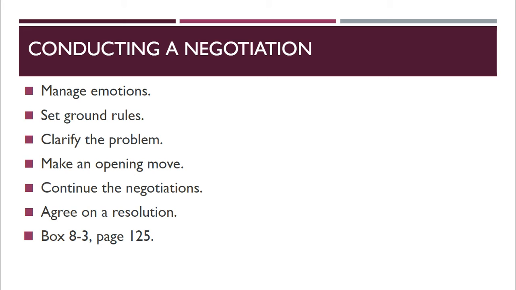And I can tell you that I was the treasurer for our union at the hospital I worked at in Oregon. So I was involved in a lot of the negotiation processes, and it is exactly like what it says with conducting a negotiation.